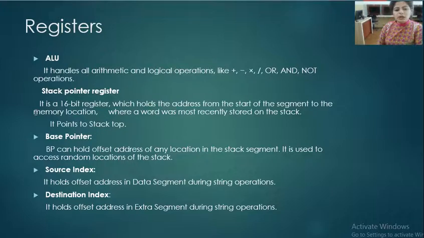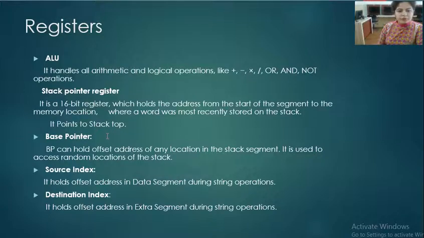Students, stack pointer register is used to keep the record of all the data which is stored in the stack, and it always points to the top of the stack. Top of the stack is wherever is the recent value we have stored or deleted. So it always points to the top of the stack, so that is stack pointer register.